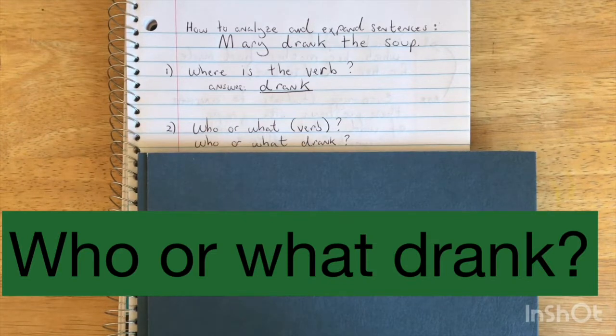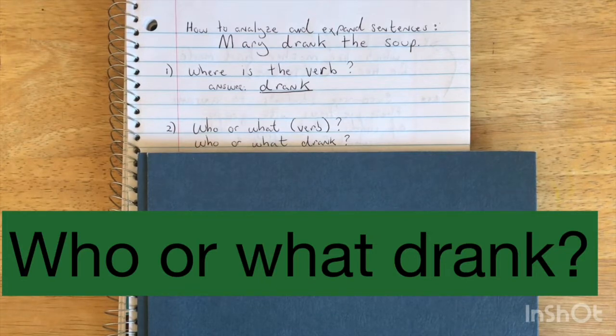And drank is the verb, and it replaces that word verb in the parentheses. So I want you to do it exactly as I've written here. First write the question, who or what verb, and then write who or what drank by replacing that word verb with the actual verb, which is drank.